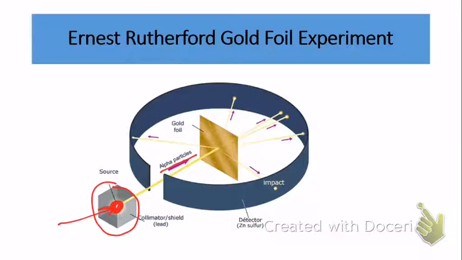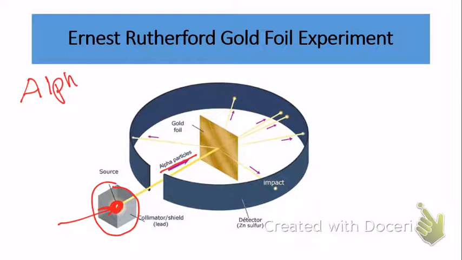Okay, now, at the time, Rutherford did not know what an alpha particle really was, but he did know a little bit about it. One is he knew that it was fairly large. All right, not as large as an atom, but much larger than an electron. He also knew that alpha particles were positive, and this is important.